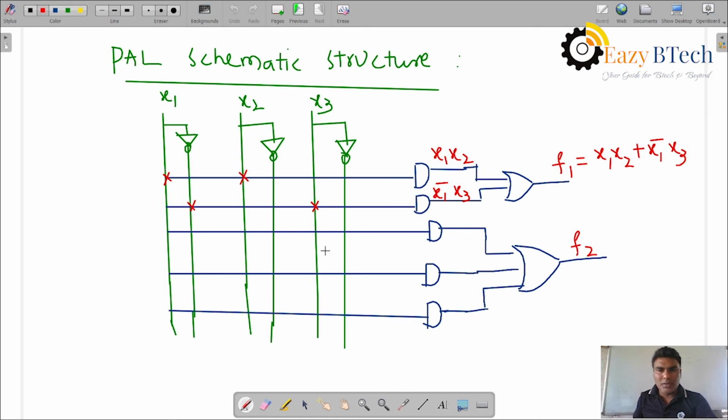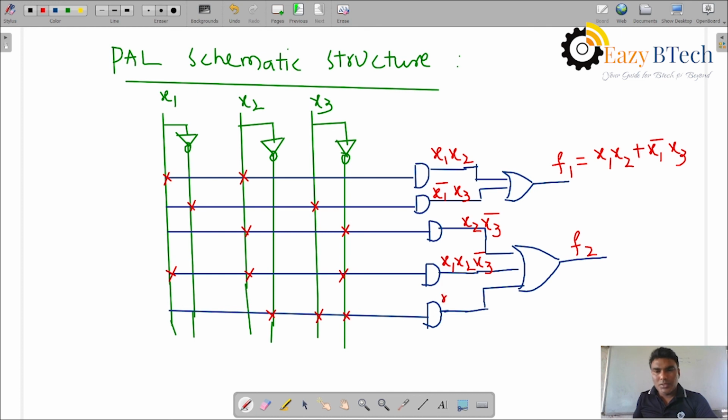Then the f2 function: x2 and x3 complement. Anything we take here is an AND gate. For example, x1, x2 and x3 complement. Then a third AND gate for this f2 function: x2 complement, x3 and x3 complement.